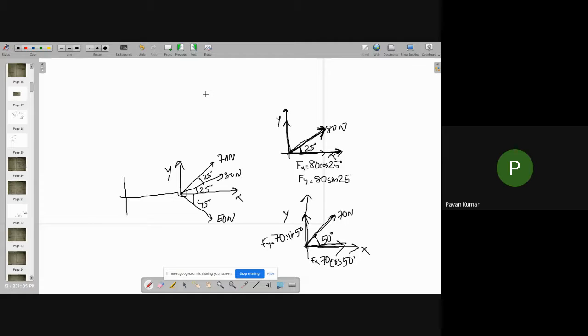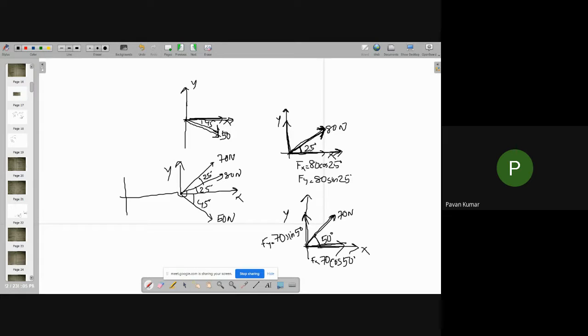Then the last one, 50 Newton. So our axis is x, this is y, but it is acting here at an angle 45. Now we have to resolve it. Here also the direction is like this, so its x component will go like this, and its y component will go downward, since the force is going in this direction.